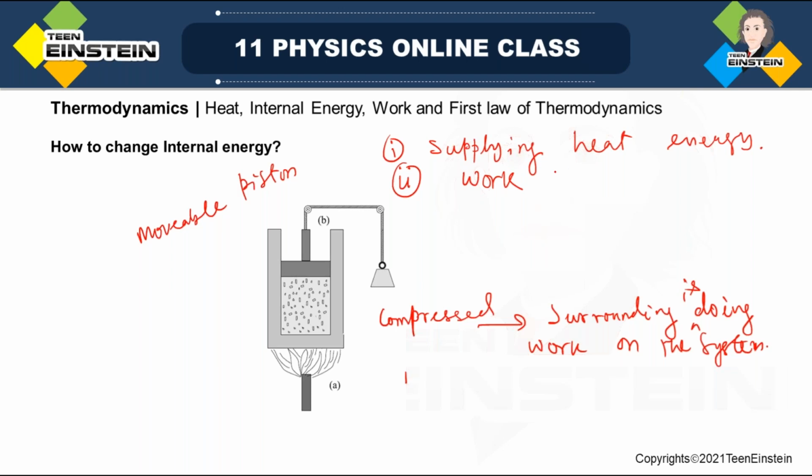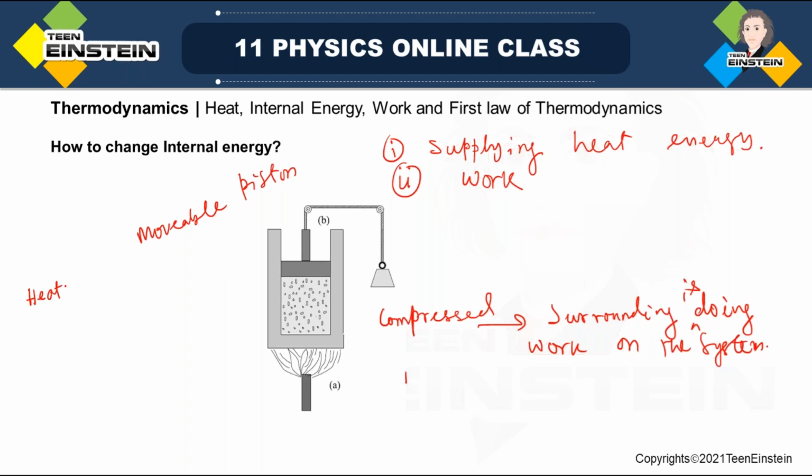When the heat energy is supplied, the molecules become faster in all directions. They move faster in all directions. So heat energy is what? You can understand heat energy and internal energy both are energy, but both are not of the same kind.